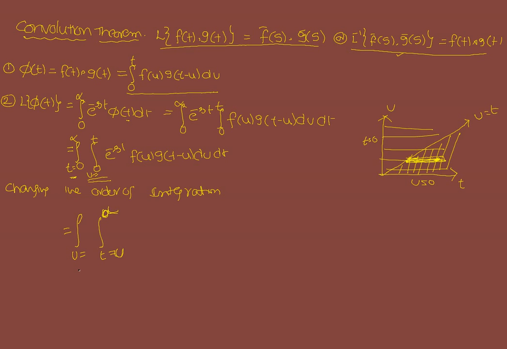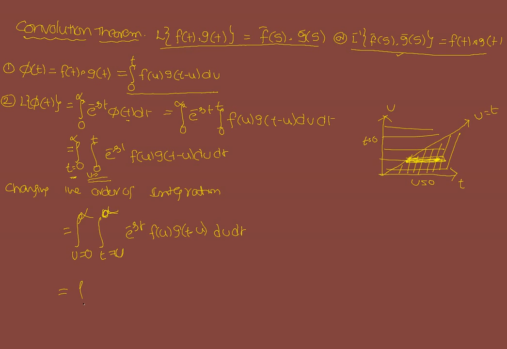Then u varies from u is equal to 0 to u is equal to infinity. So we have e power minus st into f of u into g of t minus u du dt.